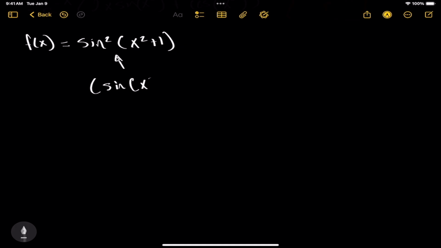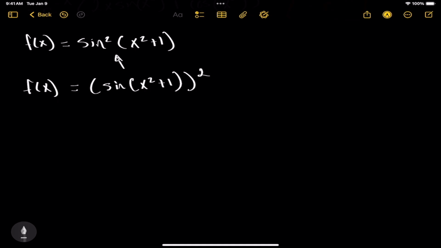I'm going to rewrite what's inside of the parentheses, and then close parentheses again. What that square next to the sine means is that the actual trigonometric function is being squared. So these two equal the same thing.